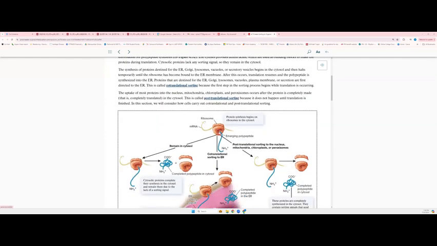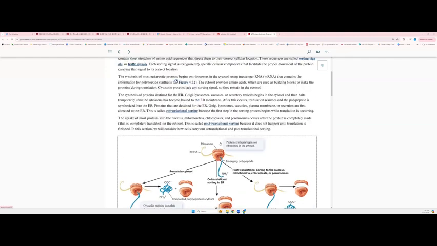This big yellow thing is a ribosome. A ribosome is a complex of protein and rRNA. This mRNA is a template for synthesizing the protein.